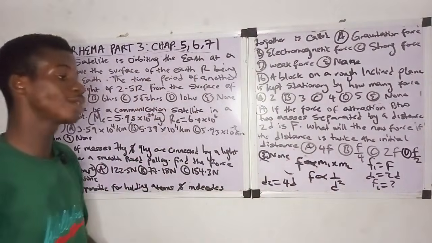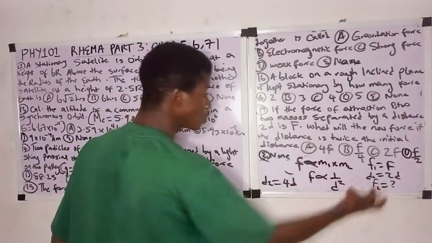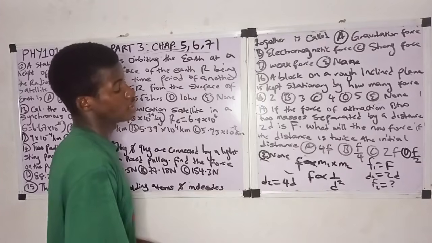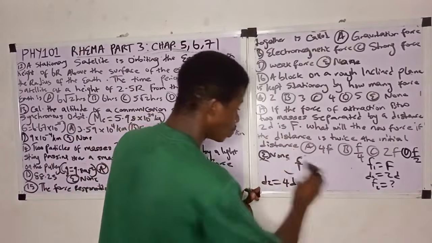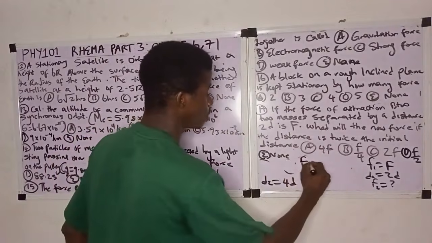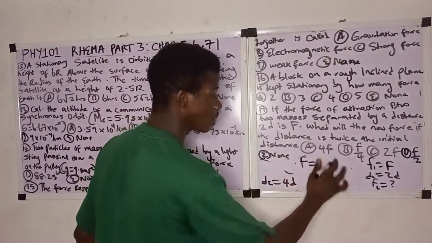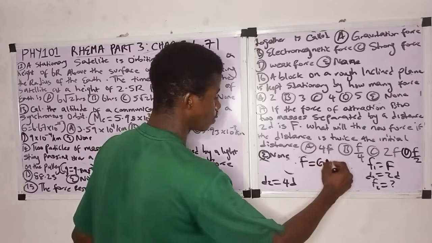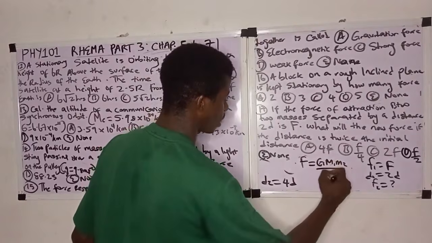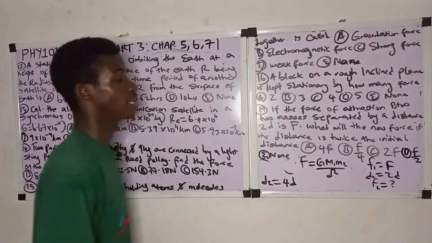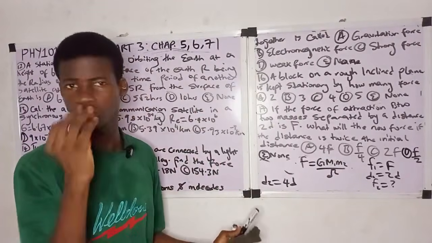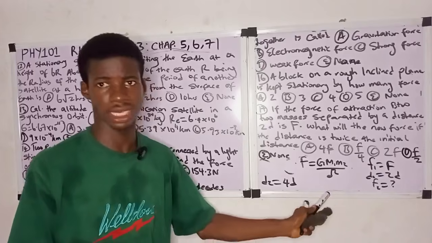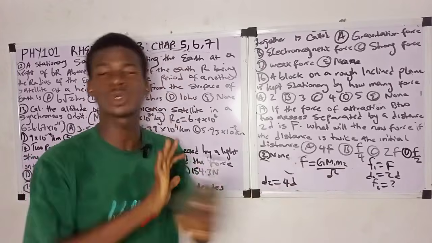So we are looking for F2. We all know the formula: F equals G M1 M2 all over D square. Since in this type of question we are relating two quantities, force and distance, we will make the rest of them constant.